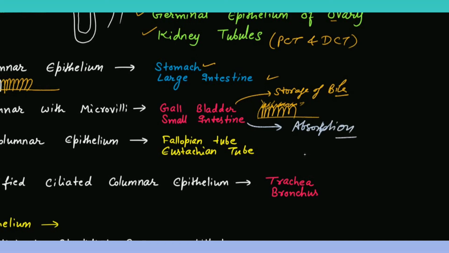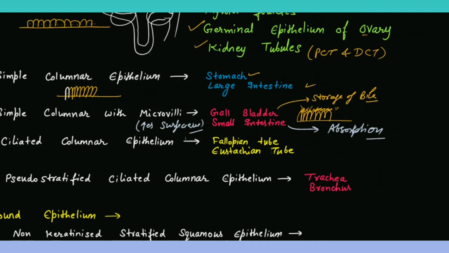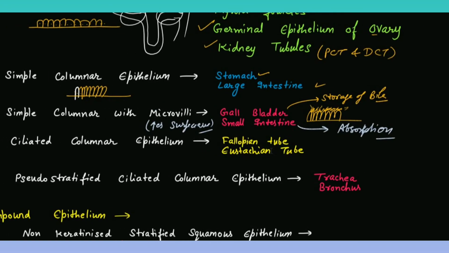They increase the surface area: more surface area, more absorption, more surface area, more storage. So simple columnar with microvilli is in the gallbladder and small intestine.